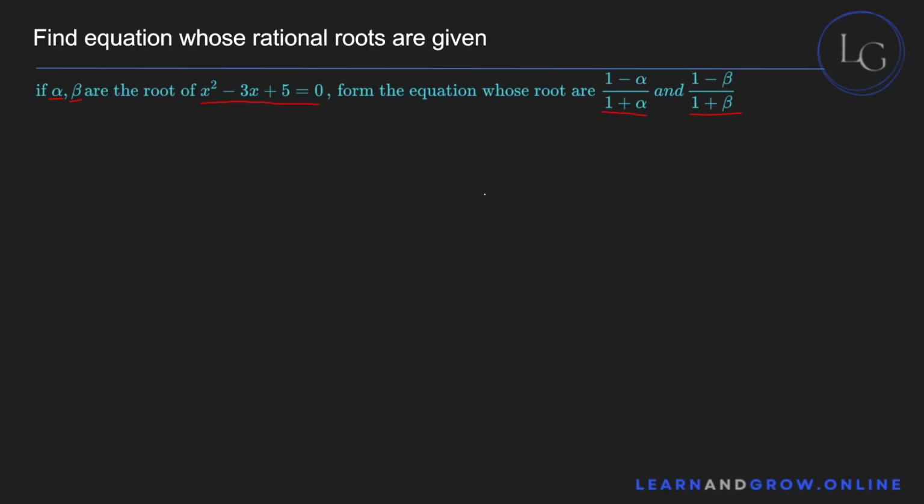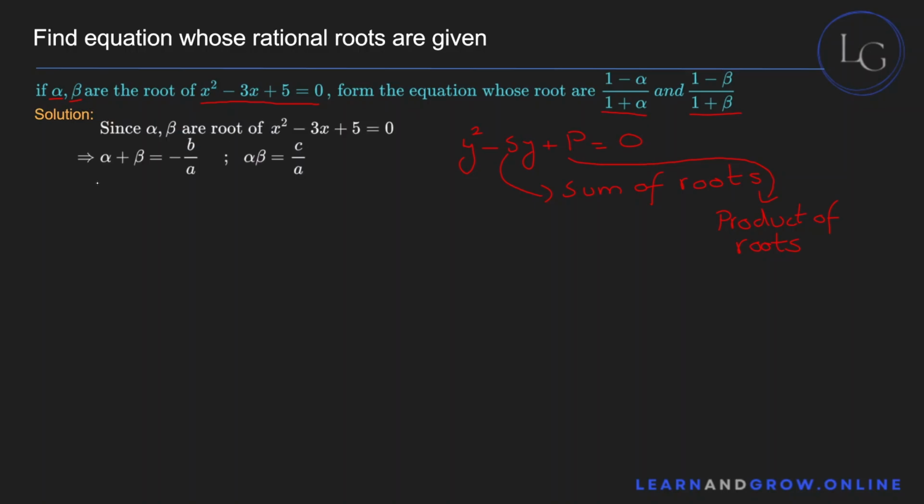Before we do anything, remember that a quadratic expression can be written down like this: y square minus sy plus p is equal to 0, where s is the sum of roots and p is the product of roots. Now, we'll proceed further.